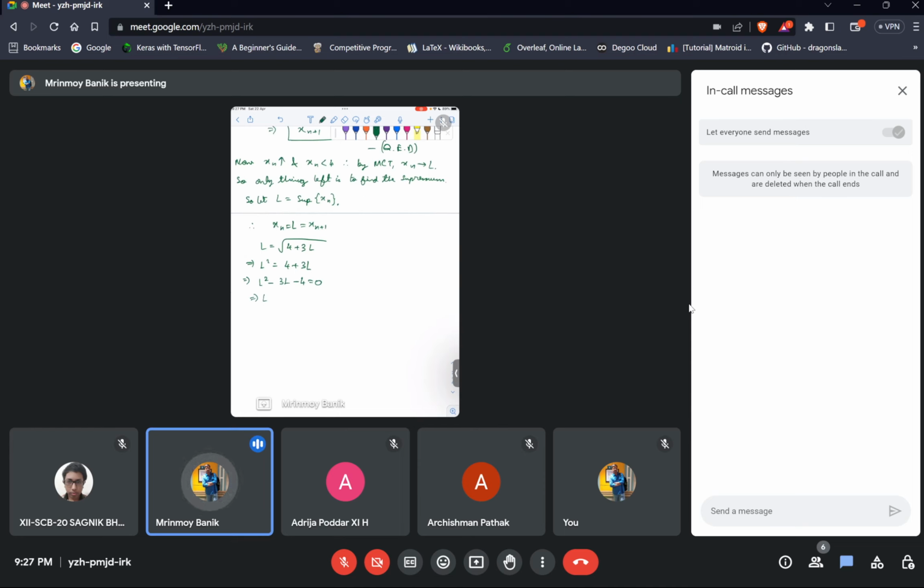It can be factorized as L minus 4 and L plus 1.